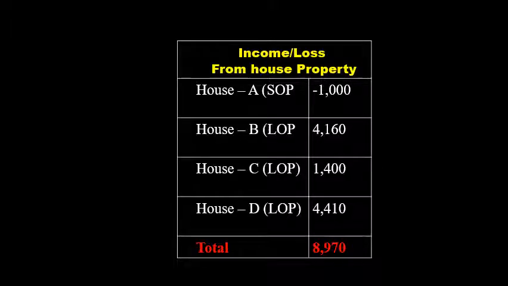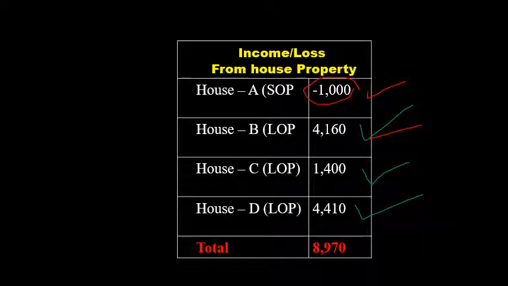So this is the total calculation. We have to calculate total income or loss from house property. House A is a loss of 1,000 rupees. Whereas house B has a profit of 4,110, house C is 1,400, and house D is 4,410.